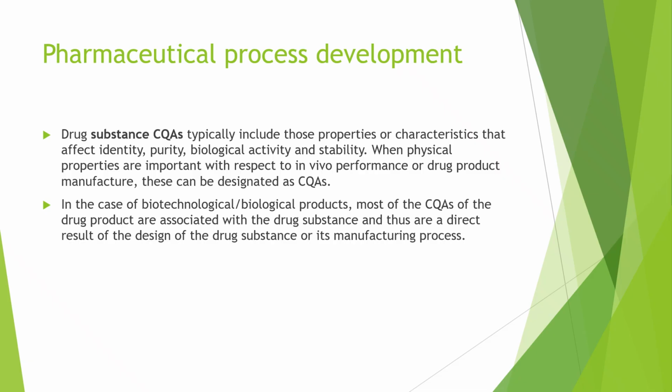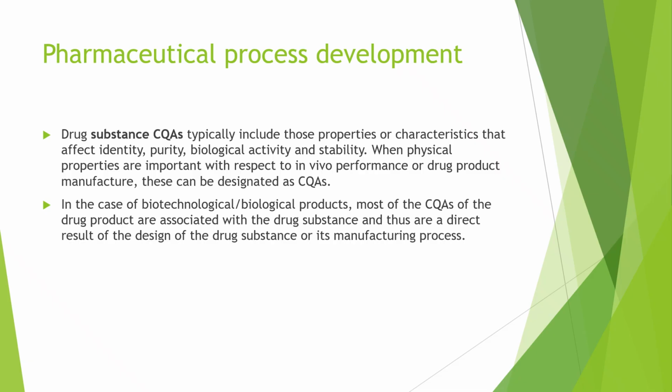If suppose the hardness of the product is not good, if the assay of the product is not coming into the results, or impurity is more, ultimately it will impact the product stability as well as the purity. When physical properties are important with respect to in vivo performance of drug product manufacture, this can be designated as CQA.